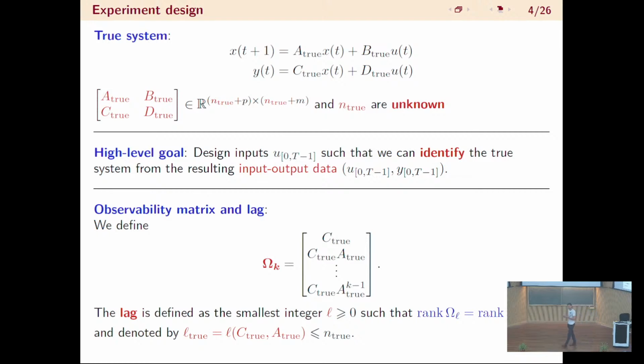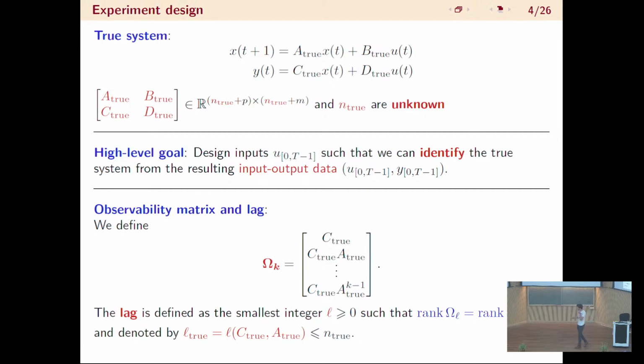Before I can formally state the problem, let me remind you of one thing. Remember that we, as before, considered this observability matrix, Omega_k, containing these matrices C through A, up to some depth A to the power k minus 1.